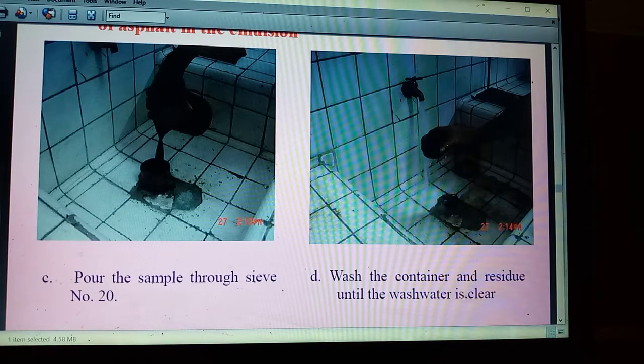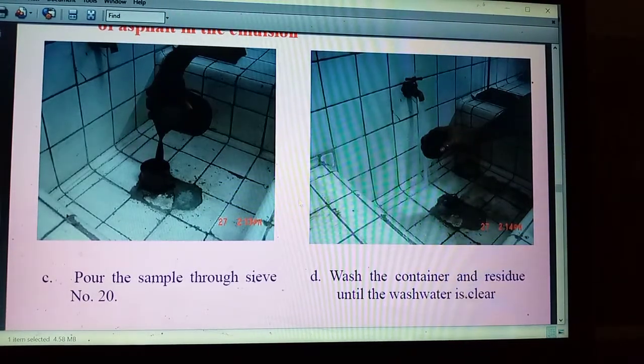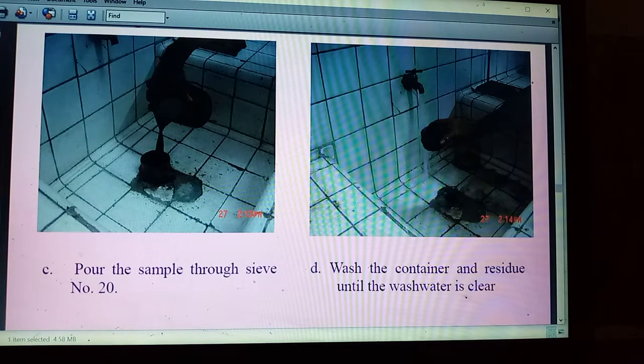Hayaan mo lang na may lumabas, and then i-wash out mo yung natira. Buhusan mo ng tubig. Beware lang, dapat palamigin niyo muna yung asphalt niyo, dapat hindi siya mainit, para hindi kayo mapaso. Then gawin niyo tong step C at step D.